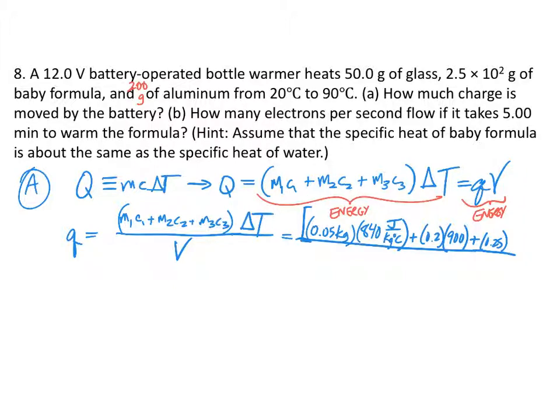So 0.25 for the aluminum, and aluminum is 4186. And then all of that will be times the 70. I'm running out of room on my screen here. I don't think we really have 0.2 kilograms.